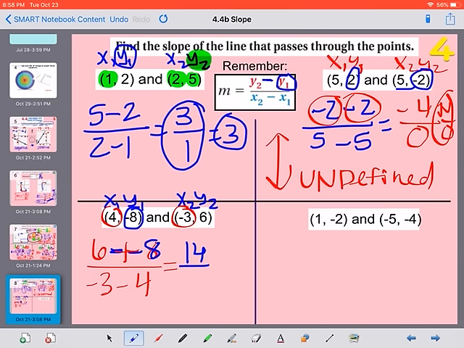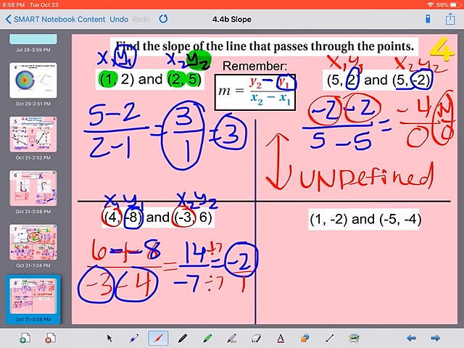Negative 3 minus 4, they're all negatives, same sign, add and keep. Negative 7. You can divide both by 7, and 14 divided by 7 is really just a negative 2. If you're dividing by 7, you get 2 over negative 1, which is really just negative 2.